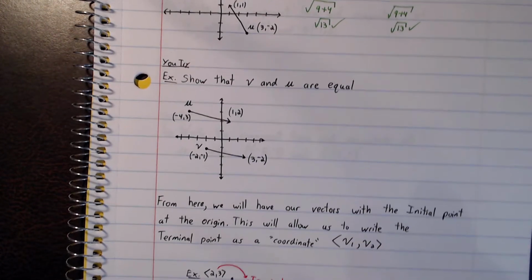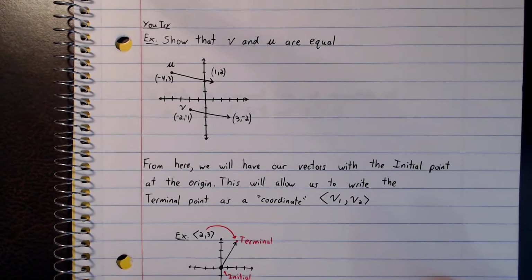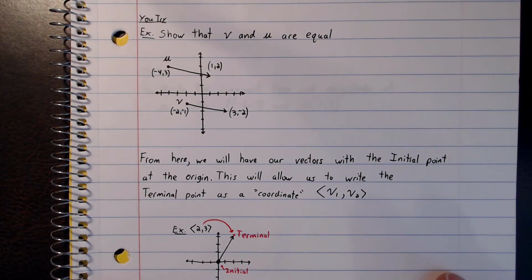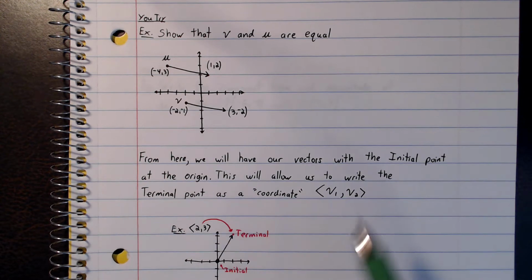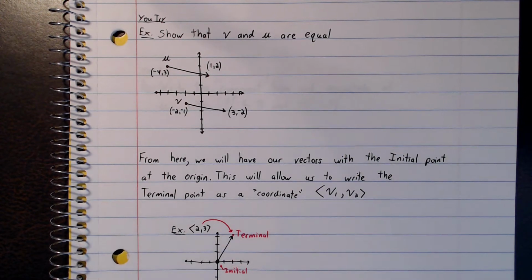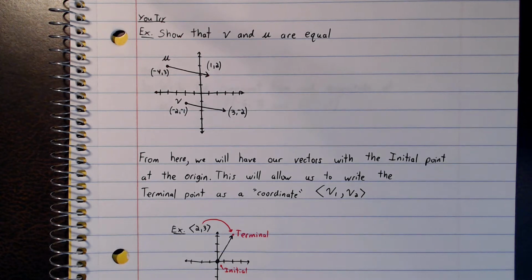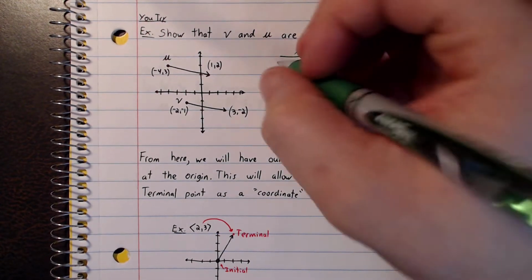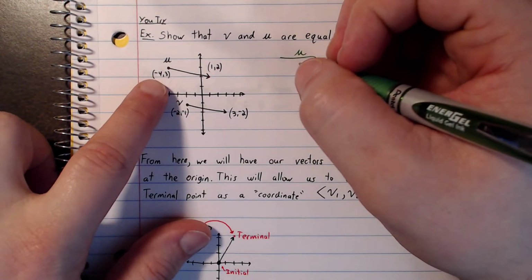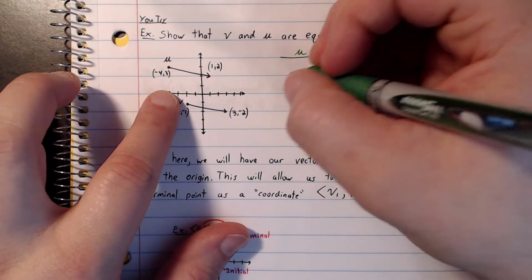So I want you to try this one here on your own. You don't have to have a coordinate plane drawn for these. You can really just do the math for them right on the side. So pause the video and try that on your own. Alright, let's see how you did. I'm going to find u first. So let's say x1, y1, x2, y2.